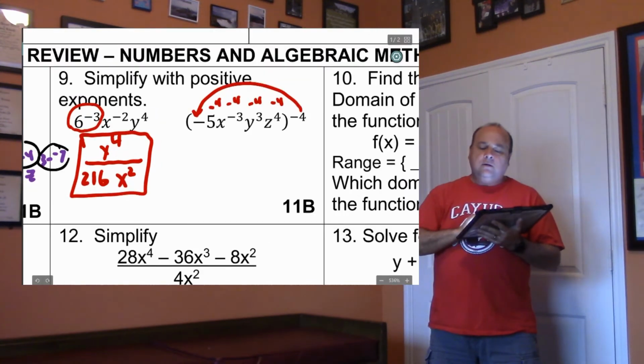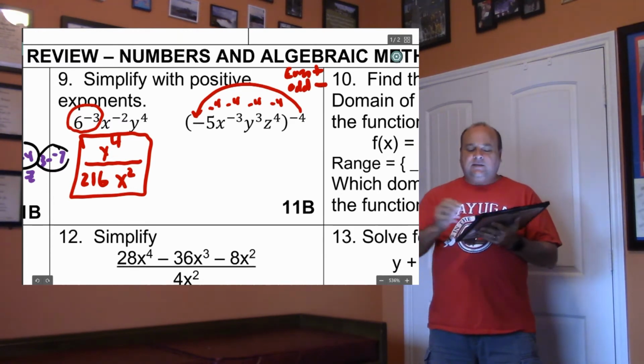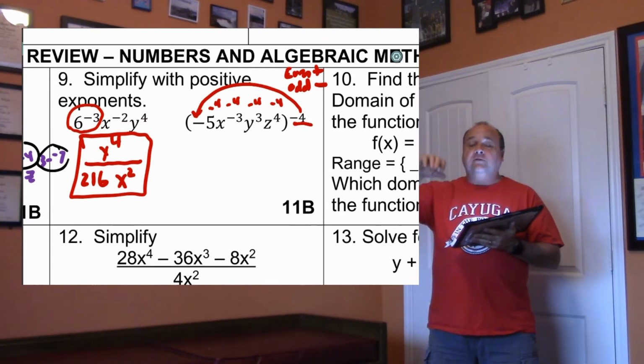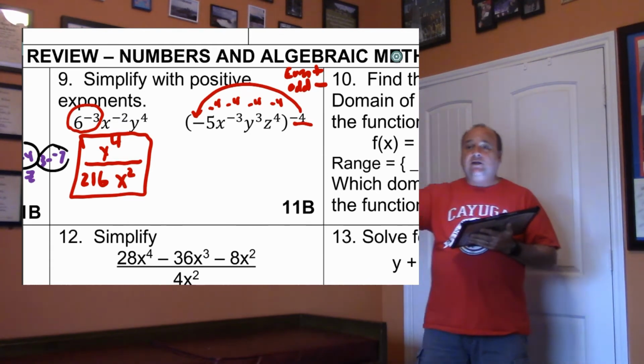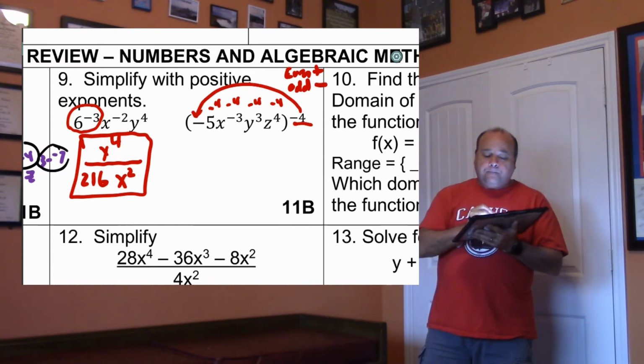If it's even, it's positive. If it's odd, it's negative. Since this 4 goes to that negative, I got 4 negatives. It doesn't matter if it's on the top or the bottom. 4 negatives is going to be positive. So I know my answer will be positive. So I don't have to worry about the negative anymore.